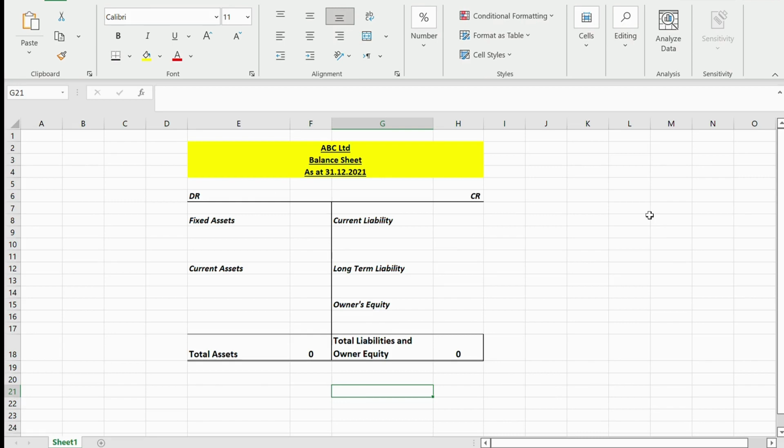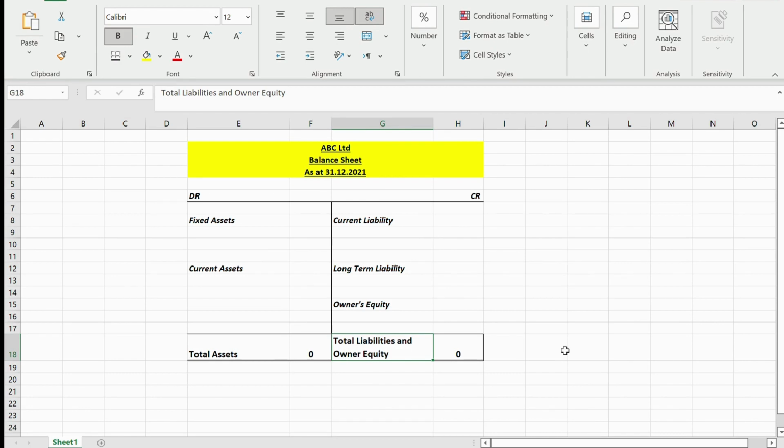So in the balance sheet, there will be one side where we write all assets, and the opposite side where we record all our liabilities and owner equity. So in a sense, assets would always be equal to liabilities and owner equity. So in this brief video, let's learn what a balance sheet normally is.